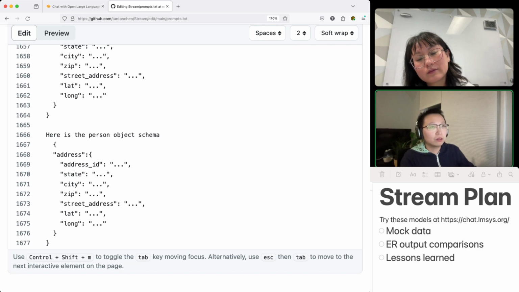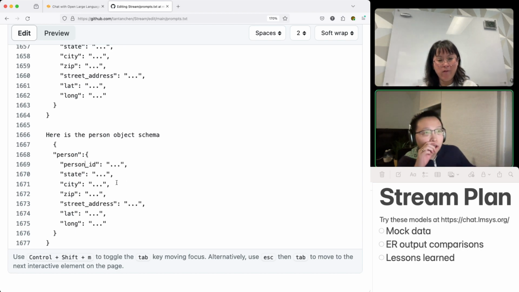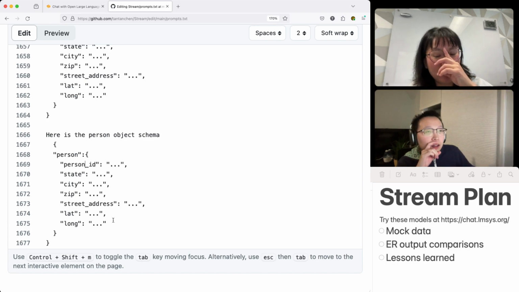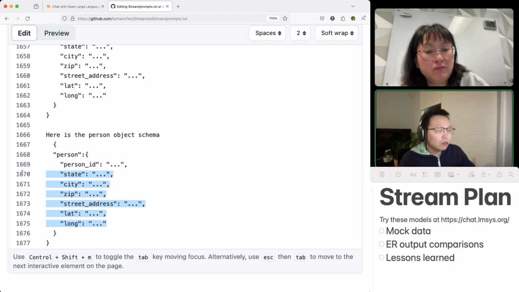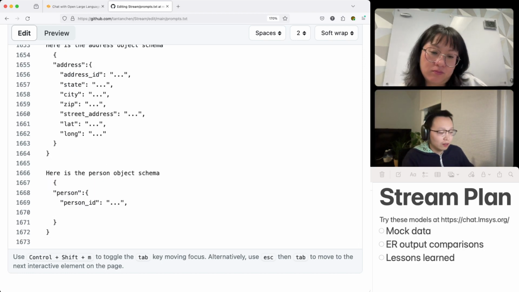Here is the person object. So let's say this here is person, right? And this is gonna be person ID. Actually, this is something new, right?